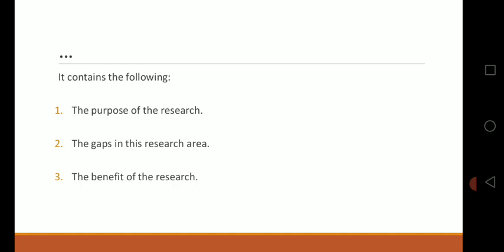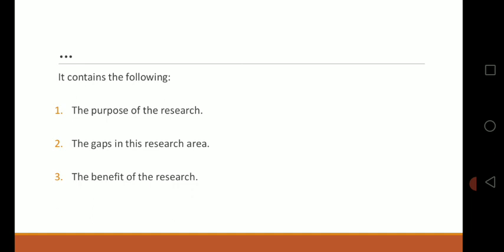The paragraph that you put under the justification heading should describe these three issues. The first thing is the purpose of your research.